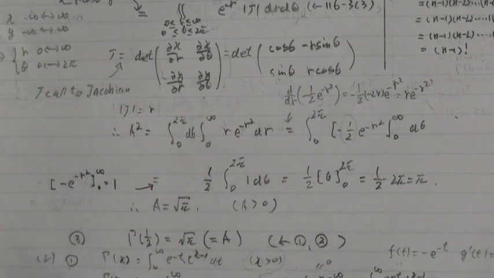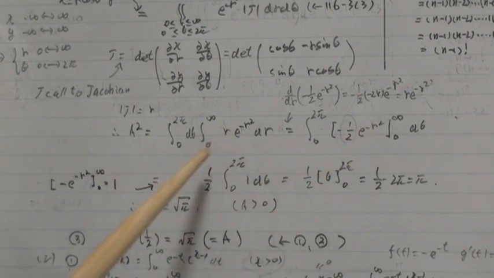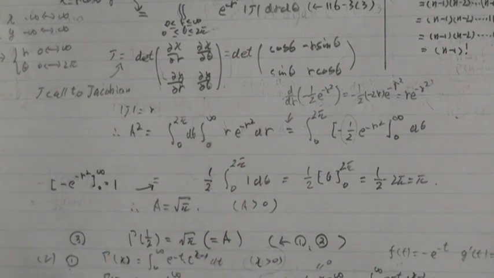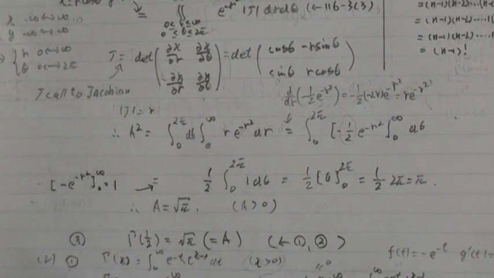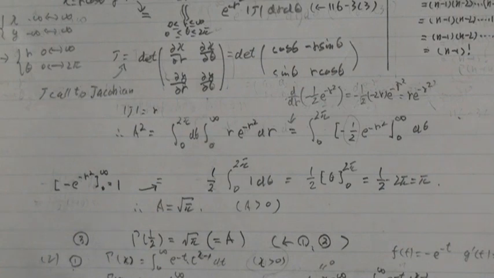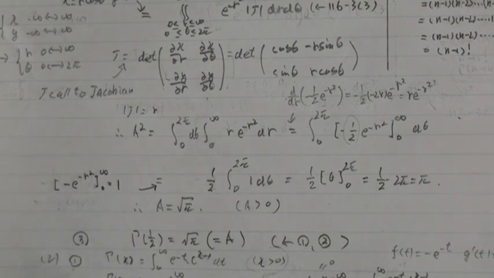This evaluates to 1, then 1/2 times 1 times the integral of d theta from 0 to 2 pi, which is 1/2 times 2 pi, equal to pi. A squared equals pi, and A is positive, so A equals root pi.